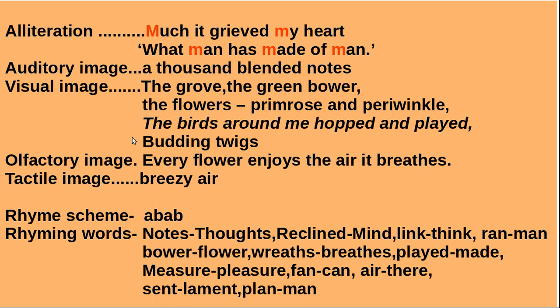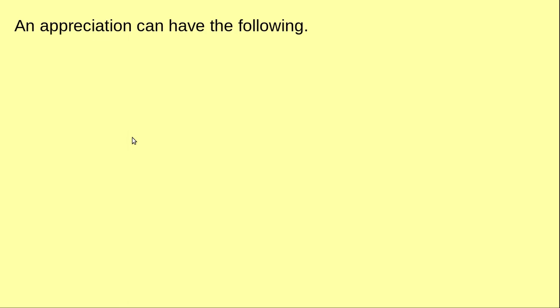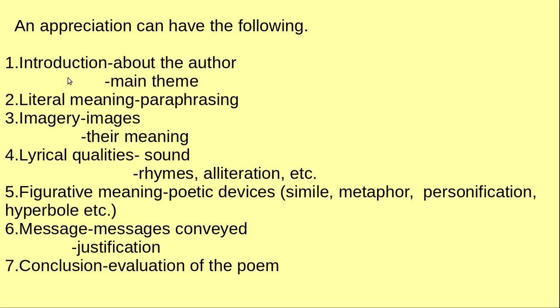Okay, dears? Now we are going to brush up on how an appreciation is written. We have discussed it in detail. Introduction must be there, and a sample appreciation is there with the second part of that poem. You have to go through it.